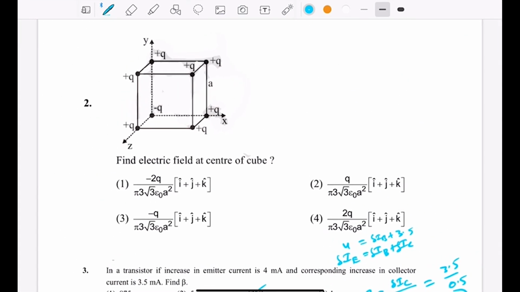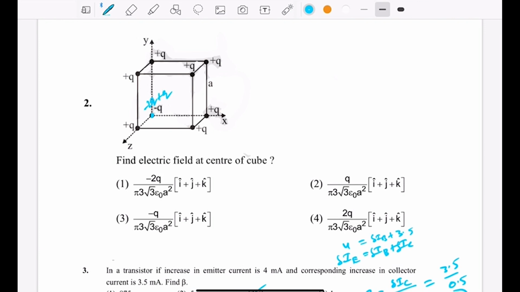Find the electric field at the center of the cube. What I can do: there are 7 positive charges and 1 negative charge. So here I can keep a minus 2q and a plus q. Due to the 8 q charges it will be 0. So only due to the minus q charge it will be there, and the electric field will be towards the center.